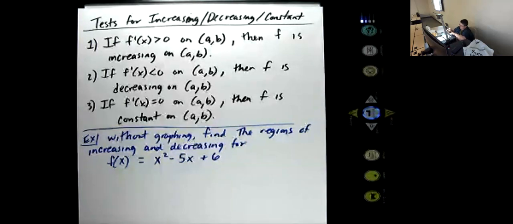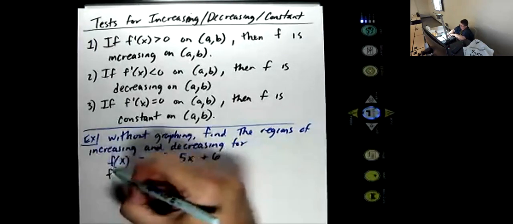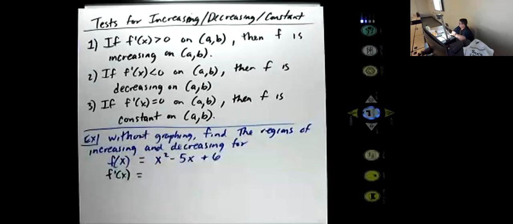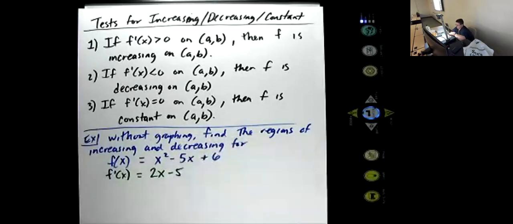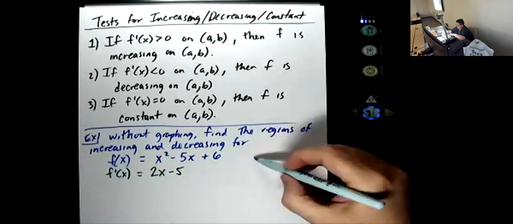So if we take the derivative, what do we get? 2x minus 5. All right, well, what can we do with that? Well, we want to find out where it's greater than 0 or less than 0, so it might help to find where it equals 0.